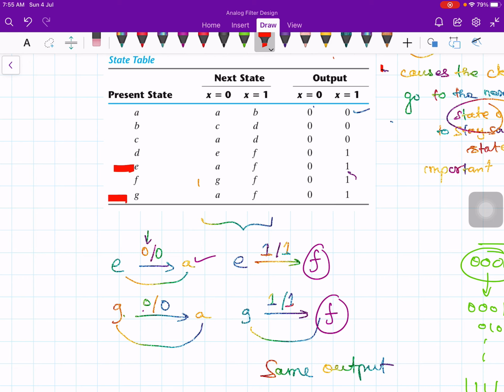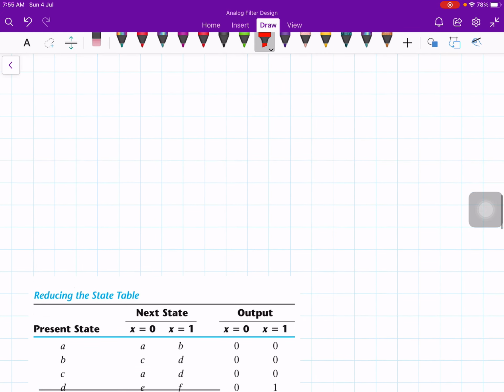So let us start to delete from the last row. So I can delete this one, I don't want it, because this last row is identical with this row. So from this state table I can eliminate one row. That means we have reduced one row. Okay, therefore states G and E are equivalent. So one of the states can be removed. Now that reduced table is shown here.